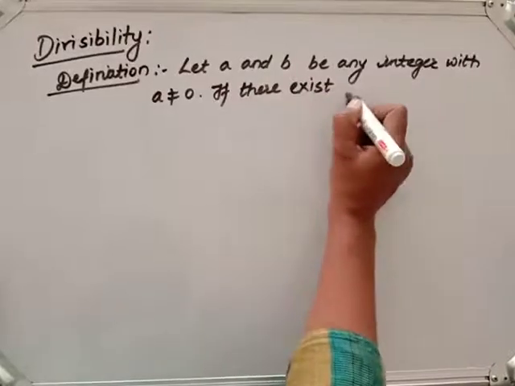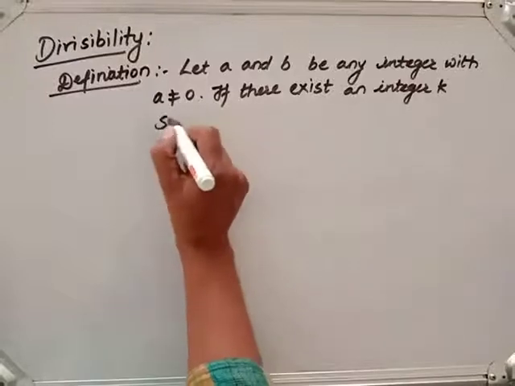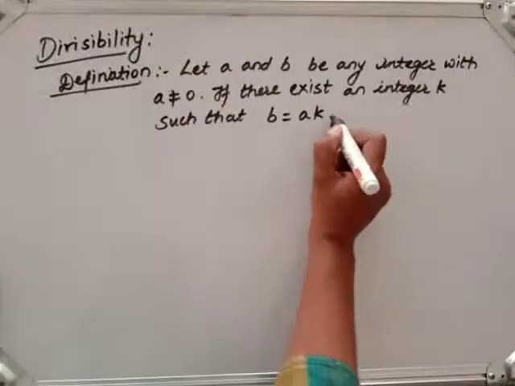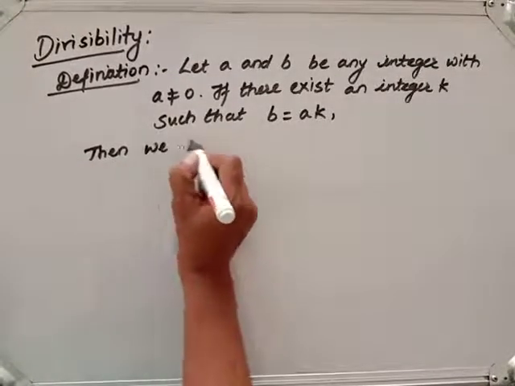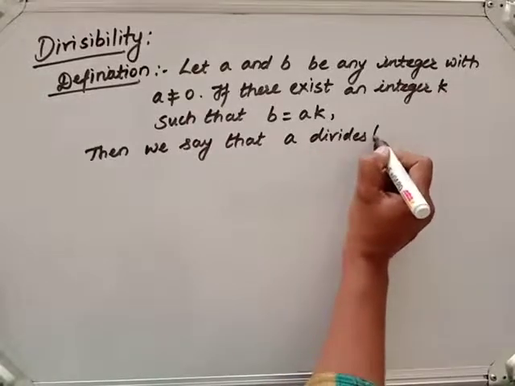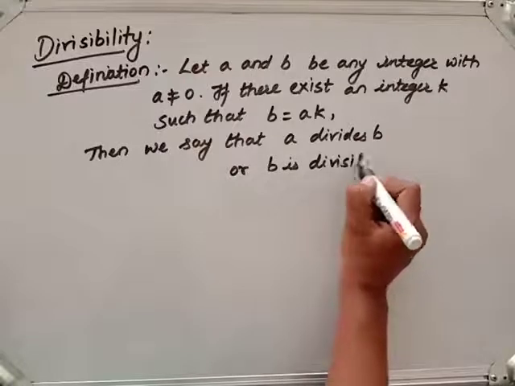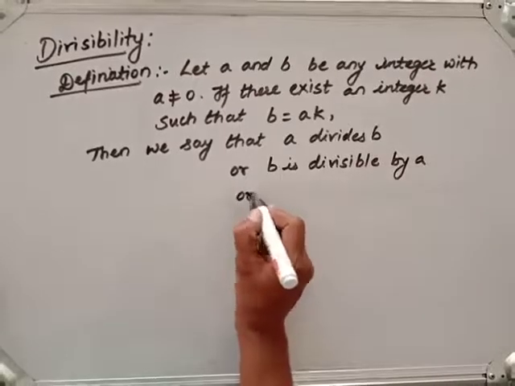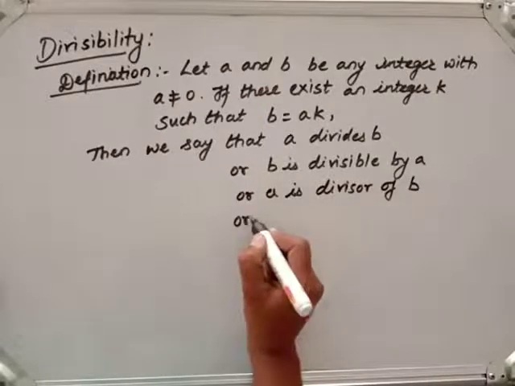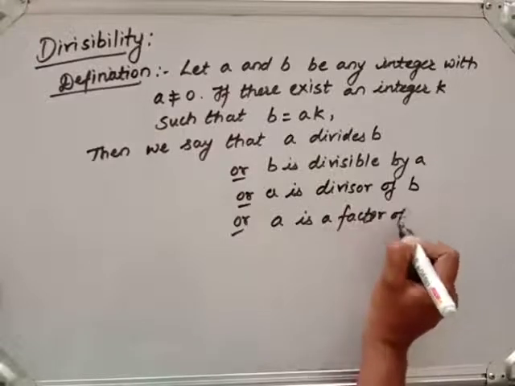If there exists an integer k such that b equals a into k, then we say that a divides b, or b is divisible by a, or a is a divisor of b, or a is a factor of b.